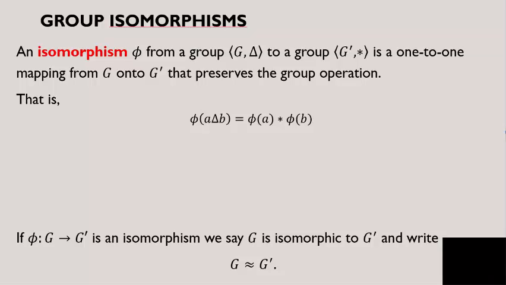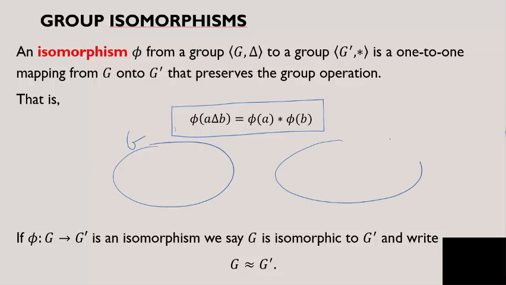What we mean by preserving the group operation is this: phi of A delta B is equal to phi of A star phi of B. Let's draw a picture and see what we mean by that. Let's say this is group G and this is group G prime, and we have a mapping phi.